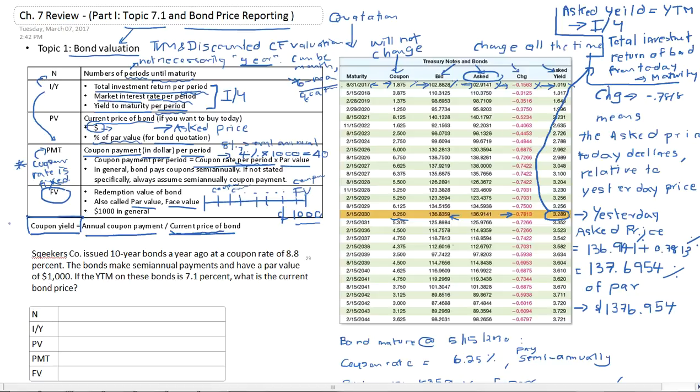Actually I said it wrong here, not coupon yield, current yield.